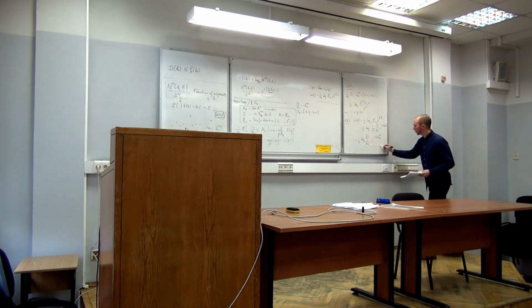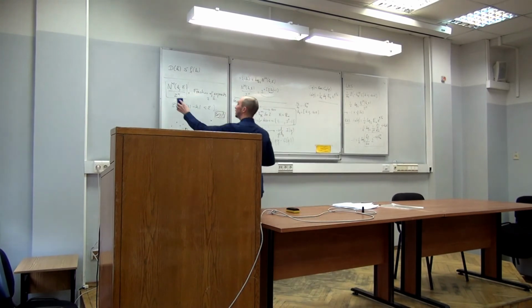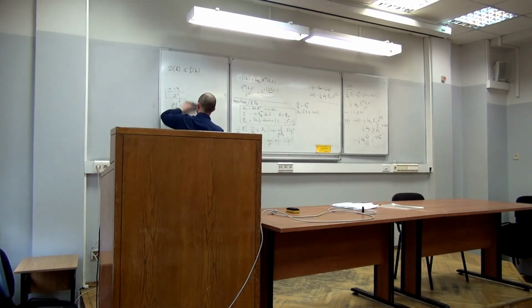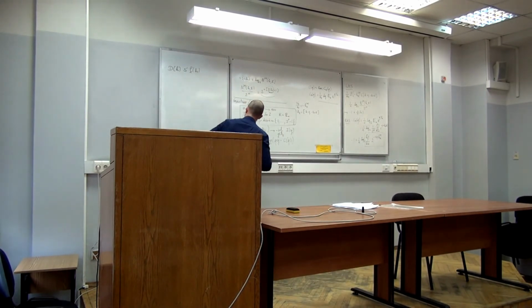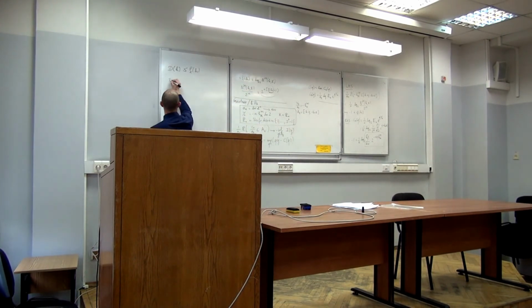And this quantity here is a very important quantity, in fact, in multifractal theory. So we're going to give it a name. It's called the structure function, and I'm going to denote it by S_n of q. Okay, that's the structure function.